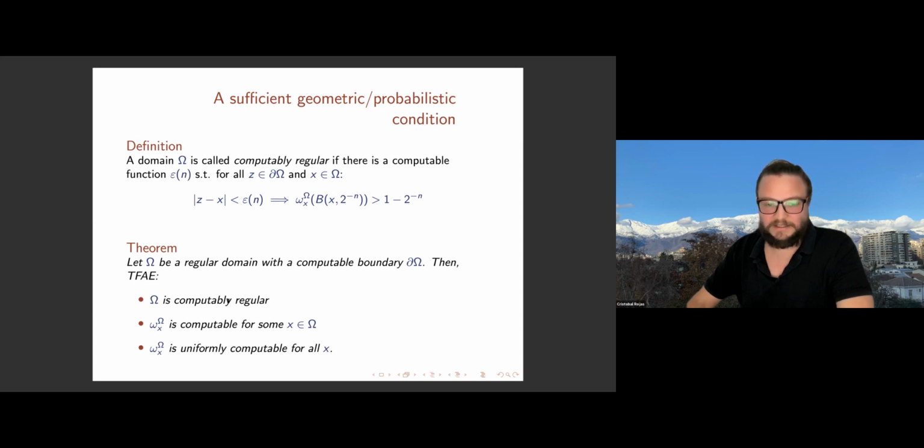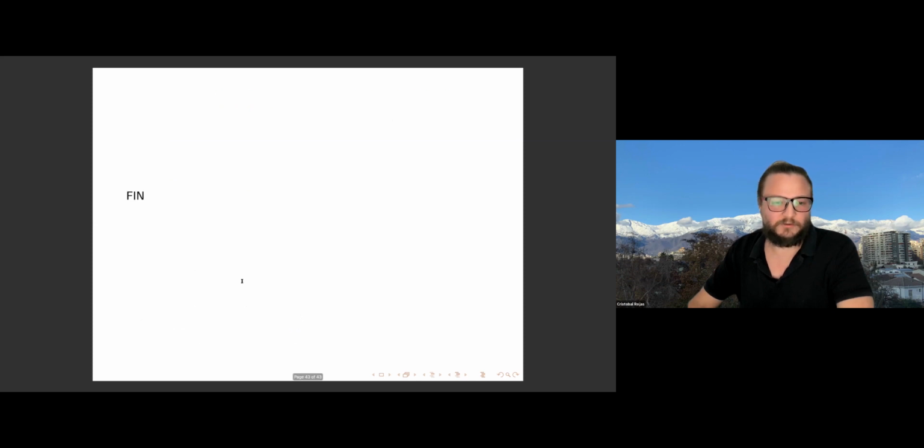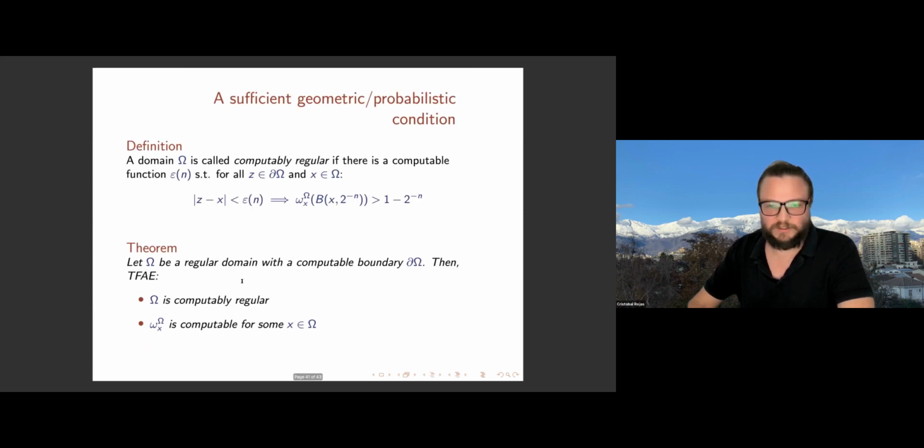And in that case, that implies that the set must be lower computable. So, well, this is the situation. Okay, yeah, so those are the results that I wanted to present.